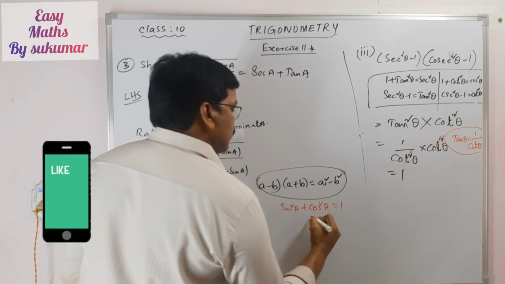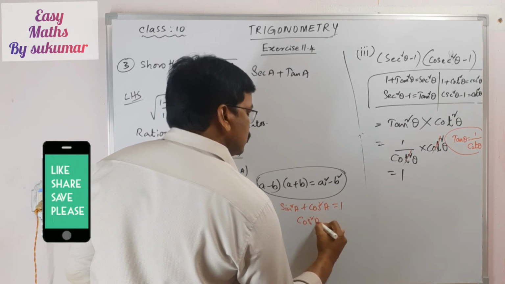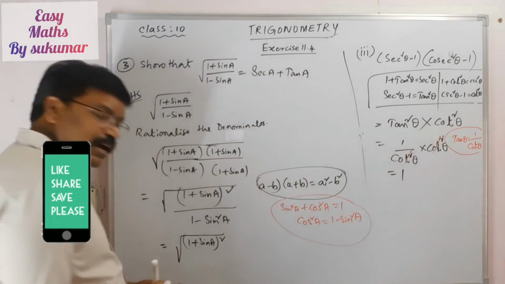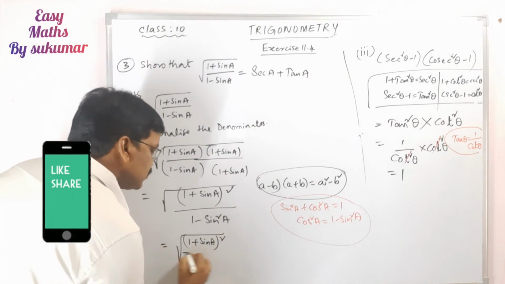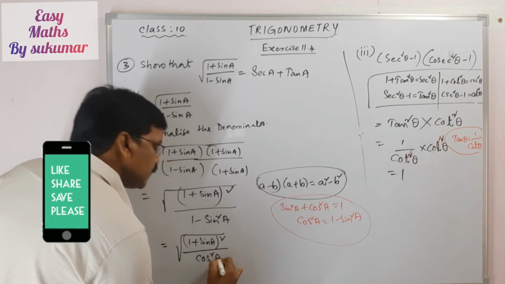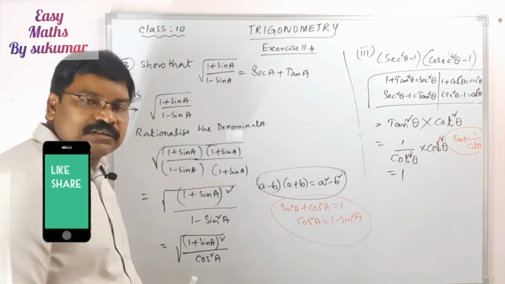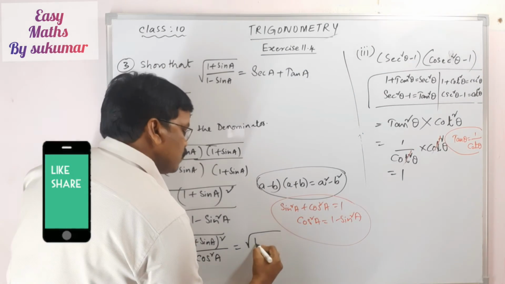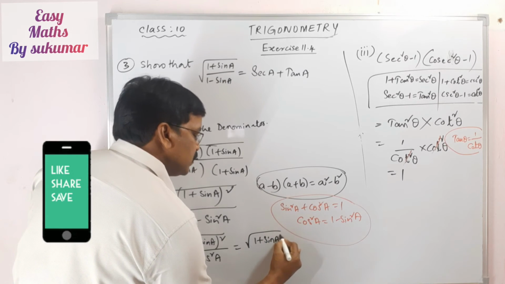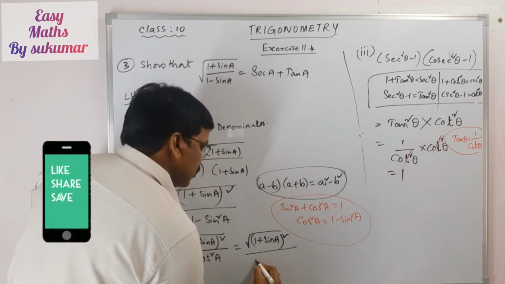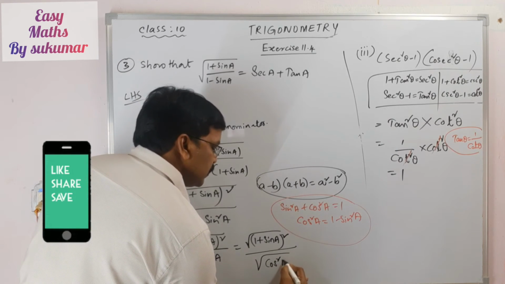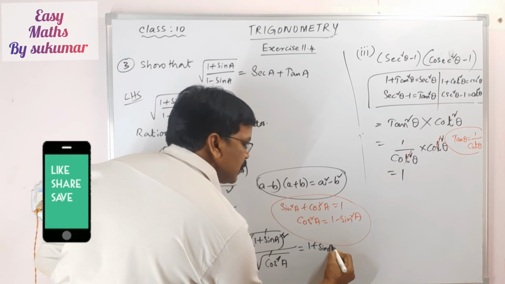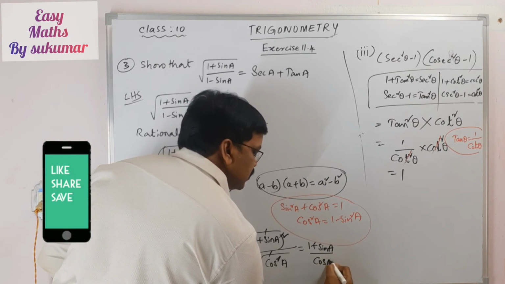So cos square A is equal to 1 minus sin square A. From this identity, 1 minus sin square A means cos square A. Let us split the square root now to both numerator and denominator. That is 1 plus sin A whole square by root of cos square A. So the square root cancels, and it is finally 1 plus sin A by cos A.